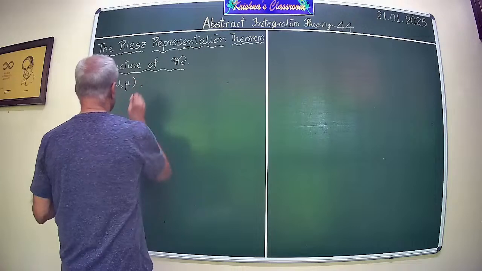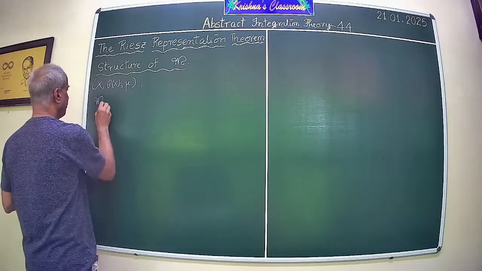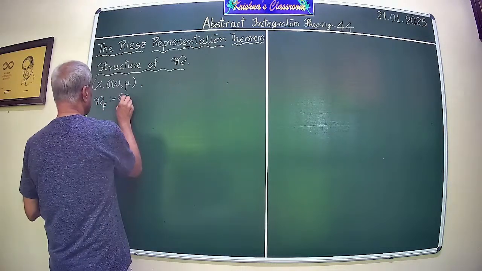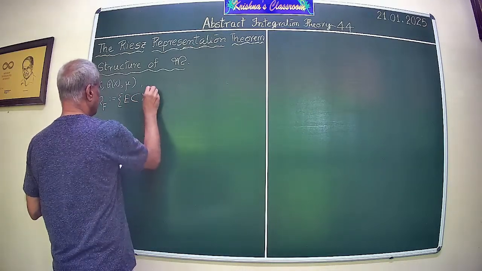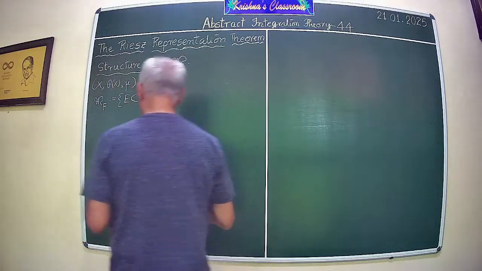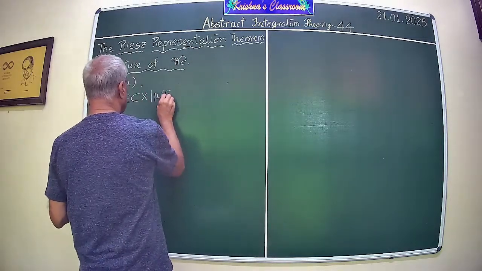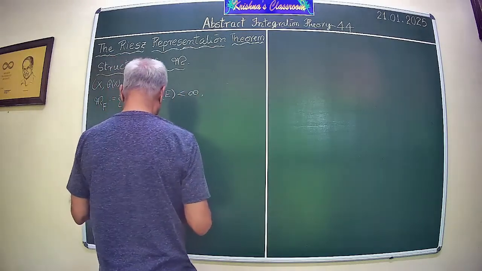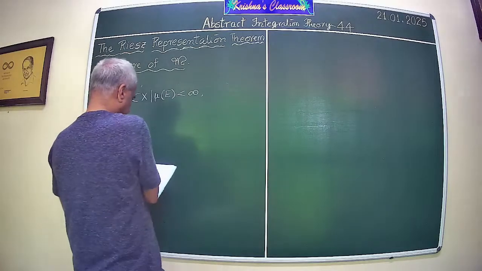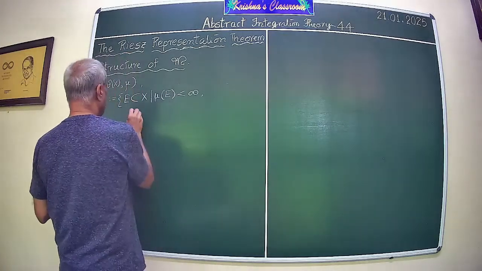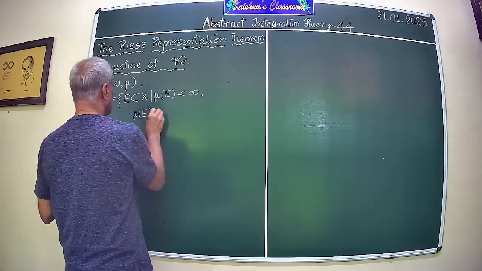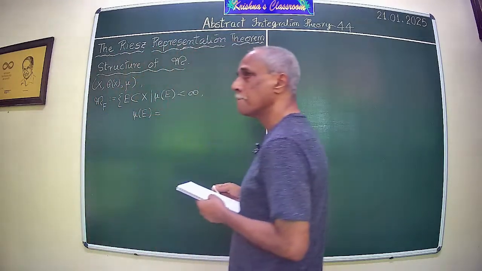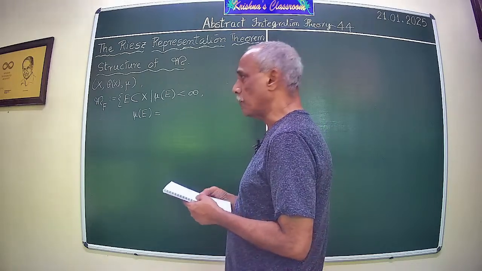Then we have MF defined as the set of E subset of X with the property that mu of E is finite and mu of E equals the supremum of mu of K, that means E can be approximated from within by compact sets.